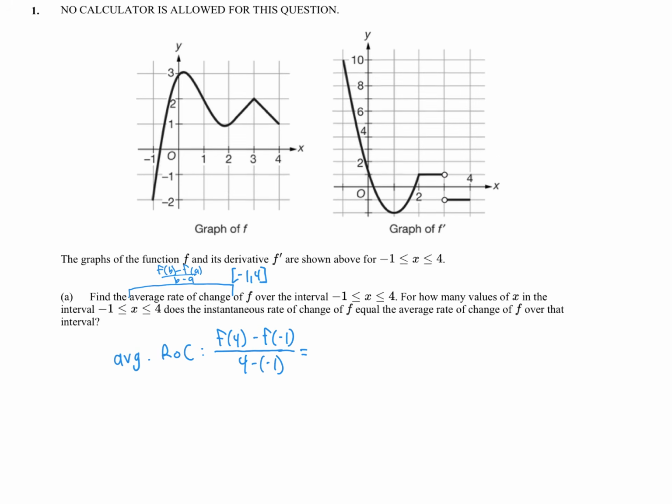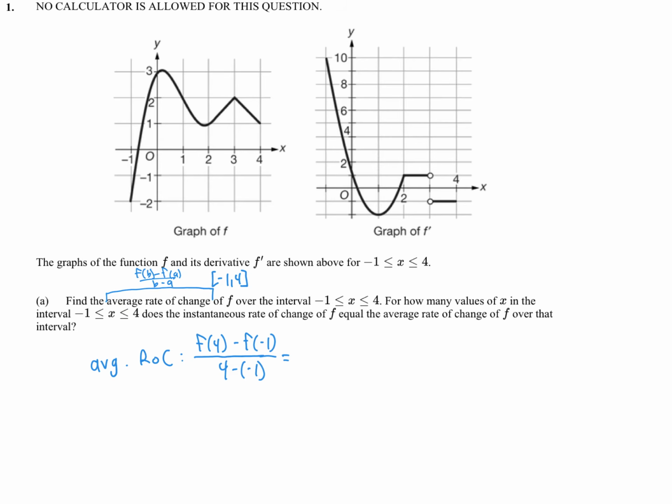All right, so now we'll go up to the graph to substitute these values. So f of 4 is 1, and f of -1 is -2. And then in the bottom, 4 minus the negative 1 is 5, 4 plus 1. All right, 1 minus negative 2 is 1 plus 2. Okay, so that's our first thing.